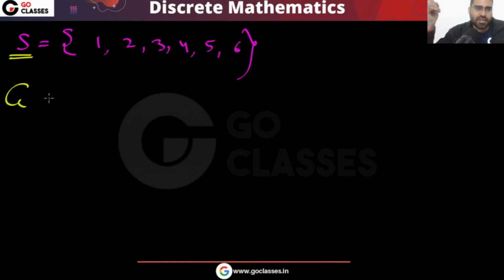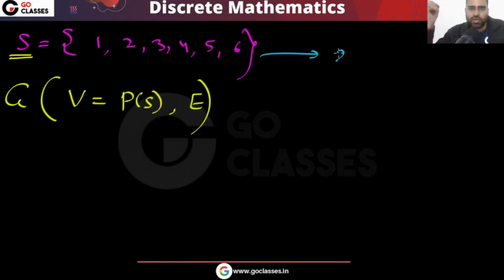Now we are creating a graph in which the vertices are basically the power set of S, and we are putting edges. You know that there are 2 power 6, that is 64 subsets.